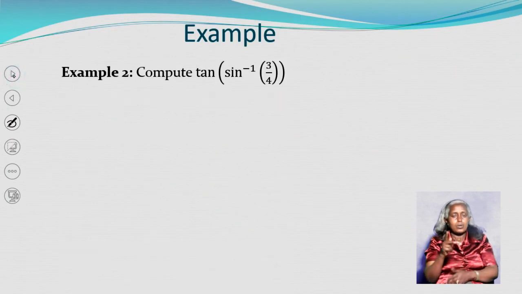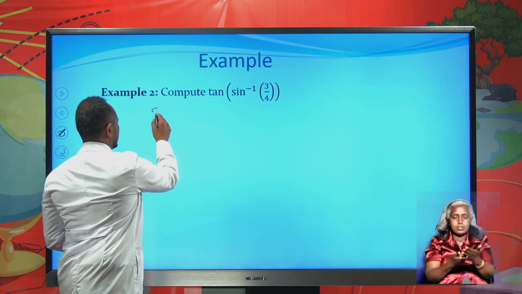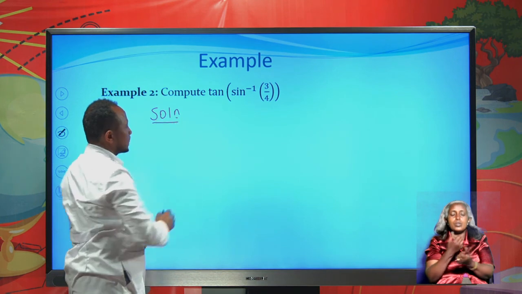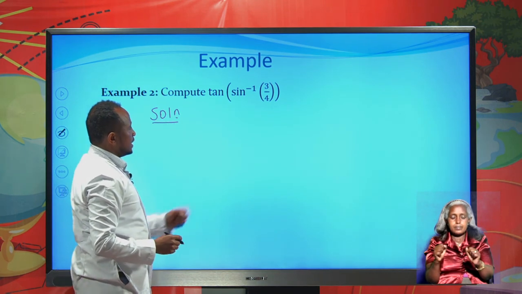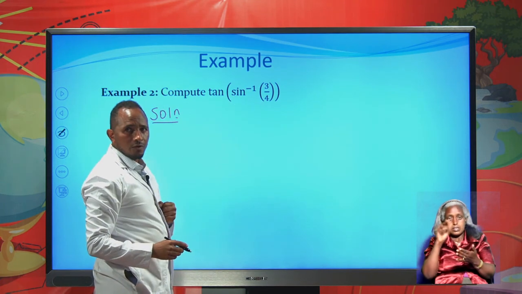Okay, here it says compute tan sine inverse of 3/4. Okay, to solve this, solution, let's assume this to be theta, sine inverse of 3/4.